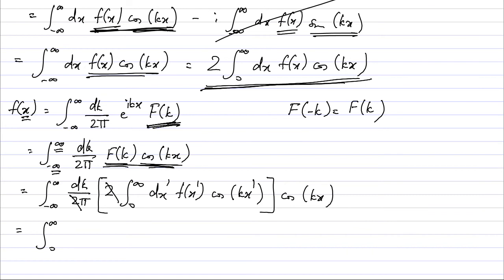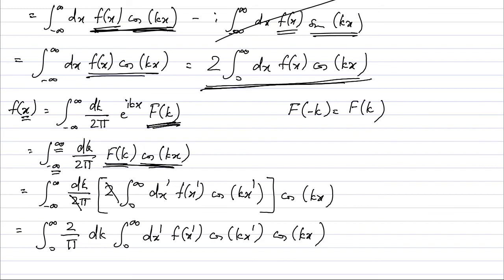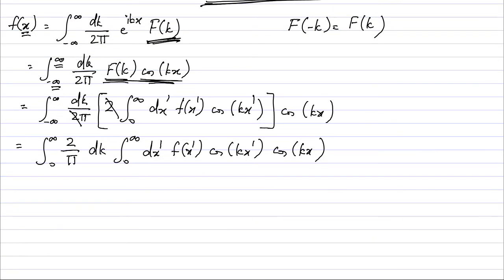And so you have 2 over pi integral dk from 0 to infinity, integral dx prime f of x prime cosine of kx prime cosine of kx. Okay, this is essentially the Fourier integral theorem, specialized to the case where the function that we're looking at is an even function.